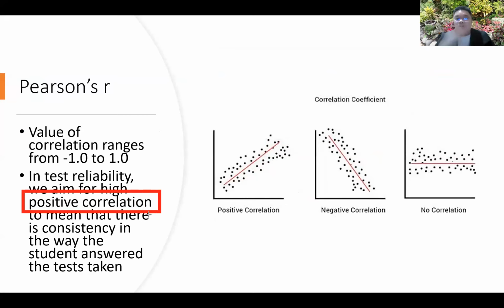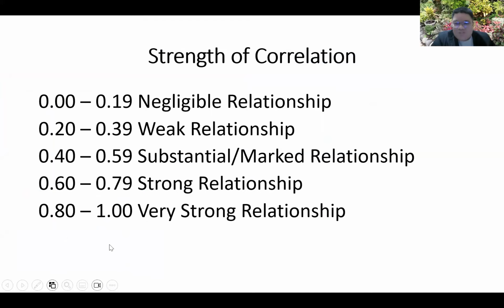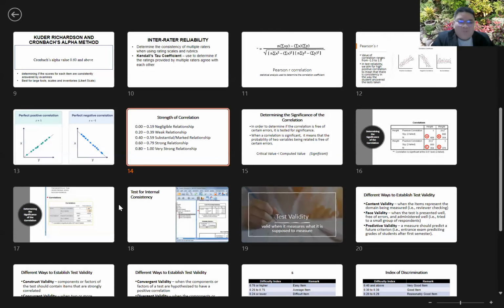Which would indicate that there is a consistency in the way that the students took the test. Okay? And in that way the scores of the student are consistent and not only influenced by any other external factors. So yan po yung habol natin when it comes to your test.